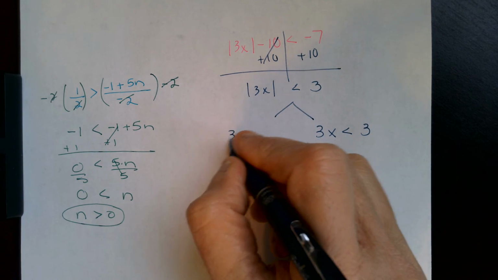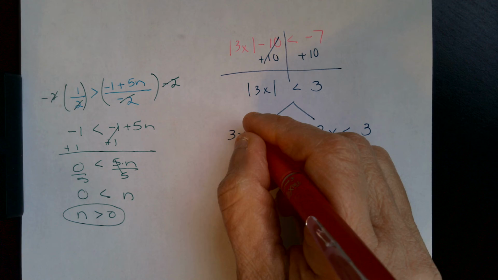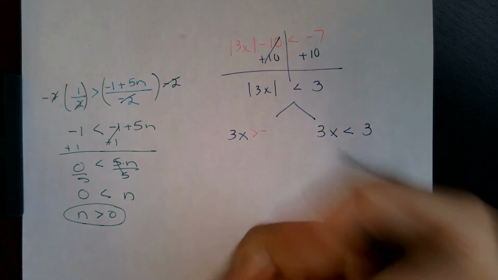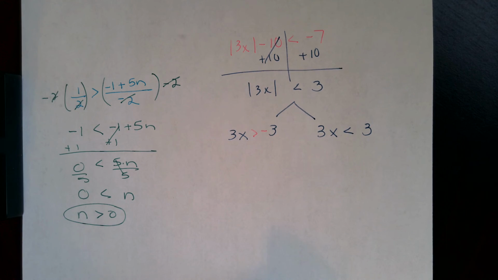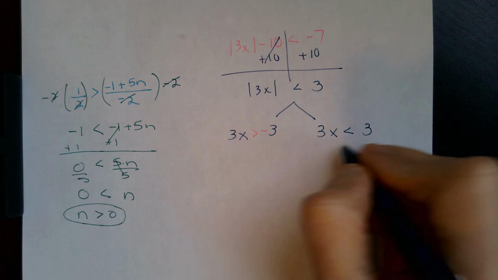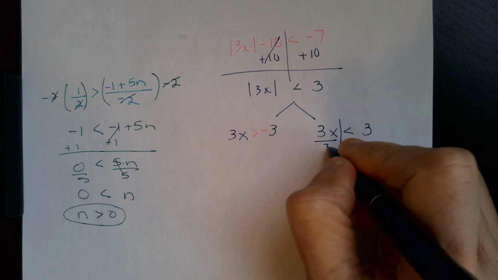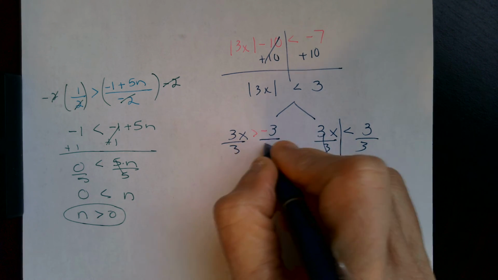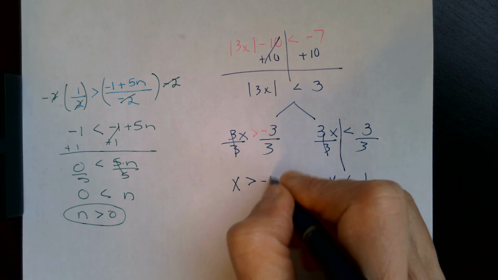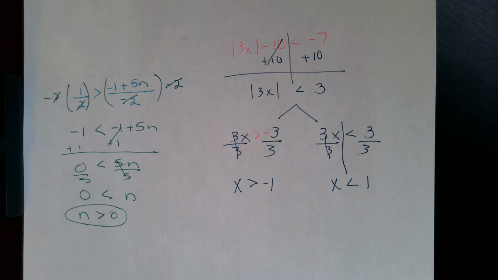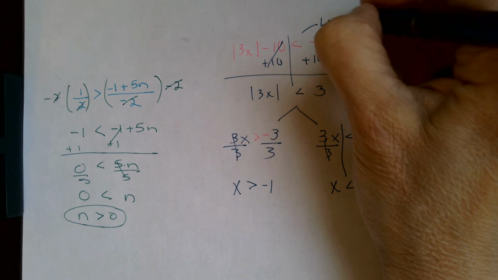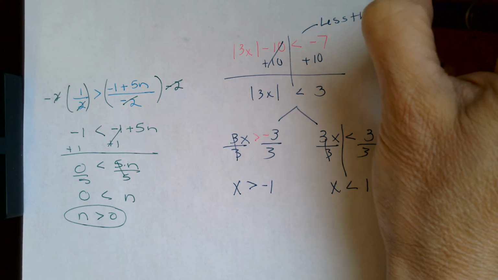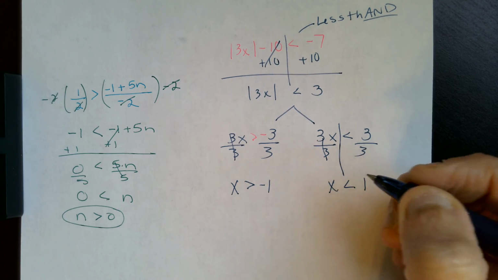And then I'm going to have 3x, and I'm going to do the other two things, greater than equal 3. All right. So solve each of these. So x is less than 1. X is greater than negative 1. And is it and or is it or? Less than and.